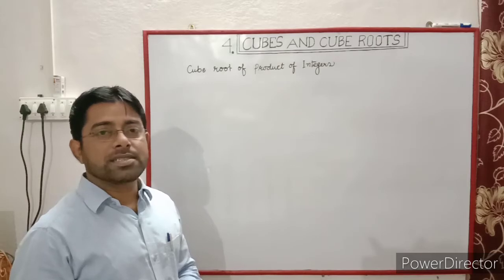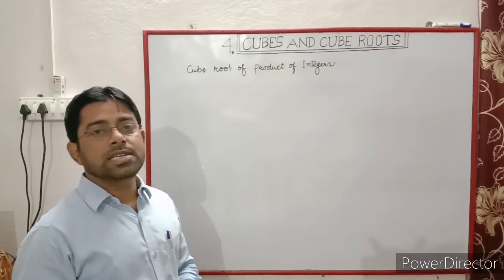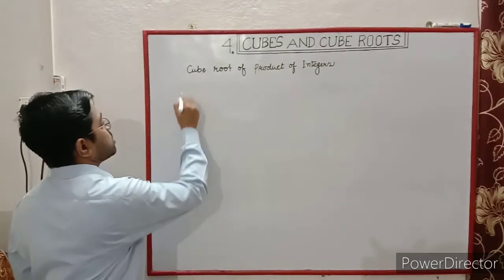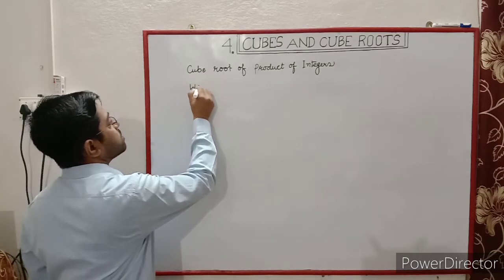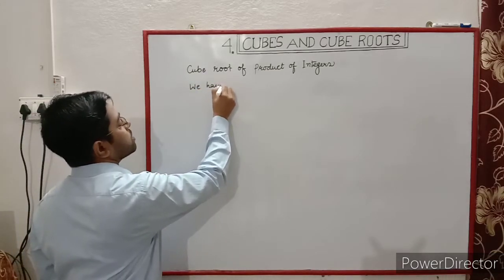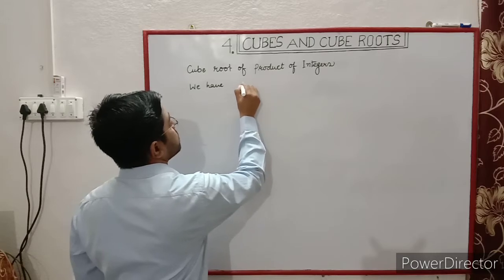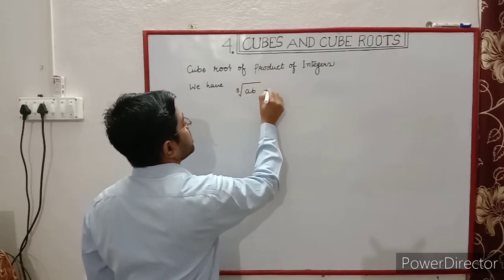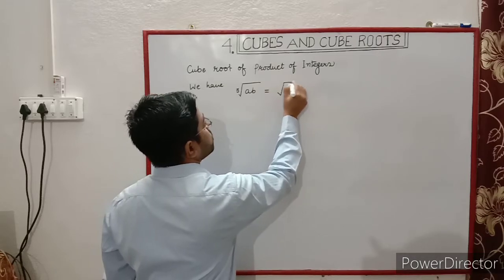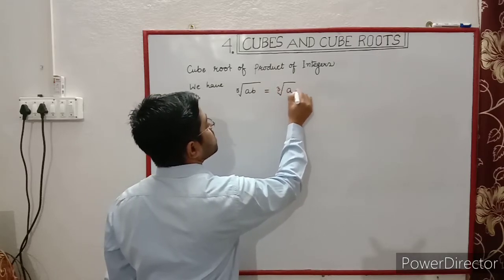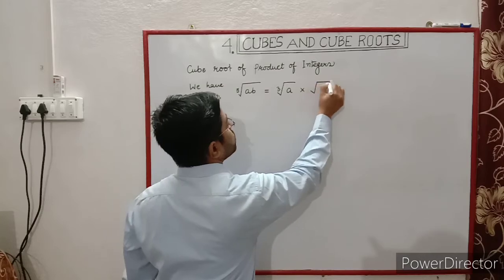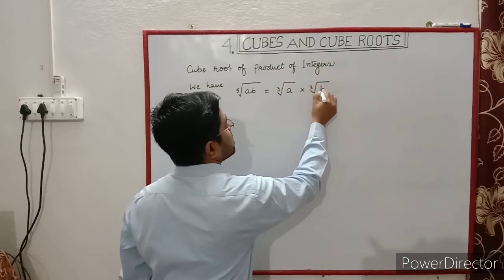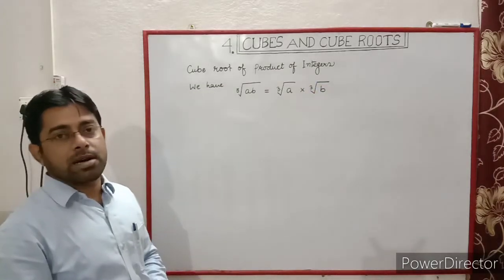Our next topic is cube root of product of integers. Let's see. We have cube root of AB. We can write here cube root of A is multiplied by cube root of B. Let's see the example.